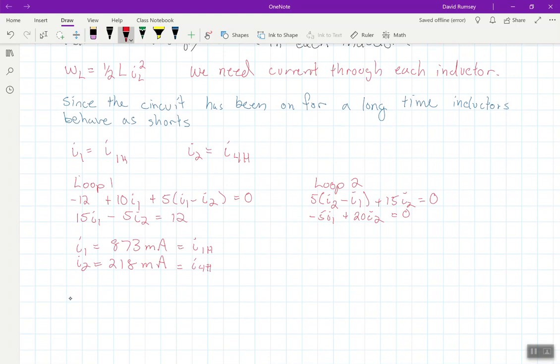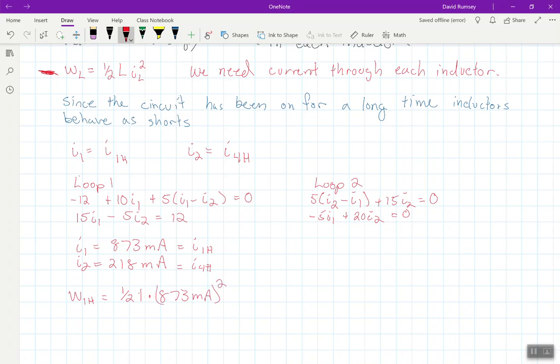So at this point we just have two further computations, pretty simple ones, where we use the formula up here, the top, for energy. So the energy stored in the inductor for the 1 Henry is 1/2 times 1 times 873 milliamps squared.